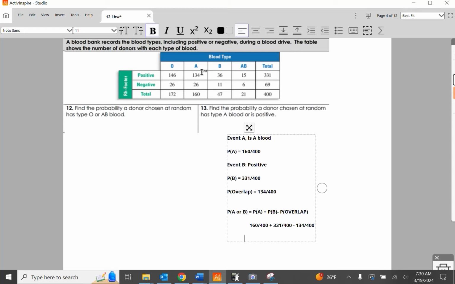Sorry, that's not right. I don't know what I was thinking there. Anyways, we got 160 minus 134, which is 26. 331 and 26 makes 357. 357 out of 400. Crazy, huh?